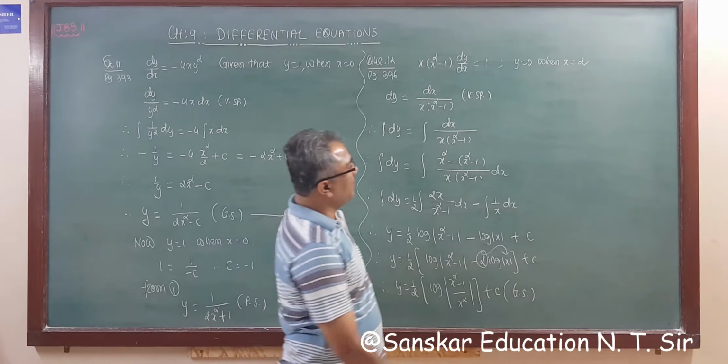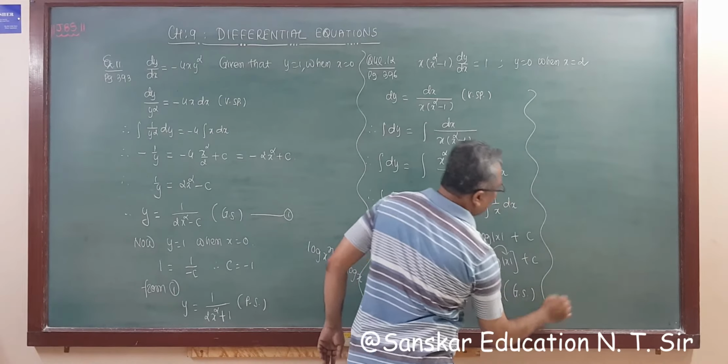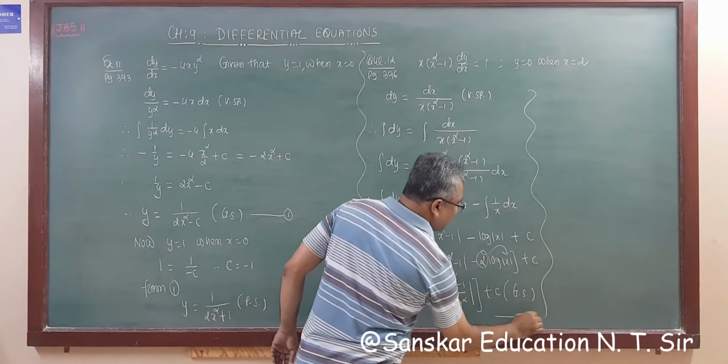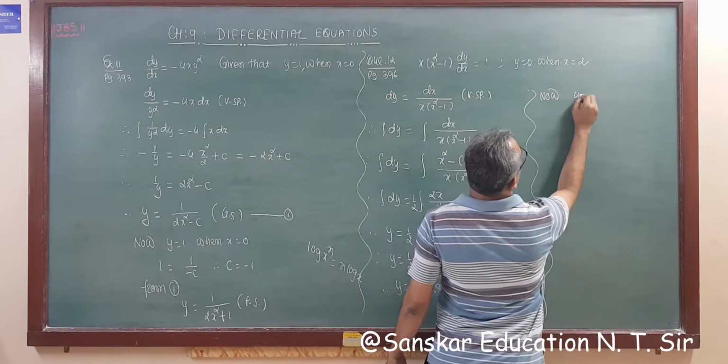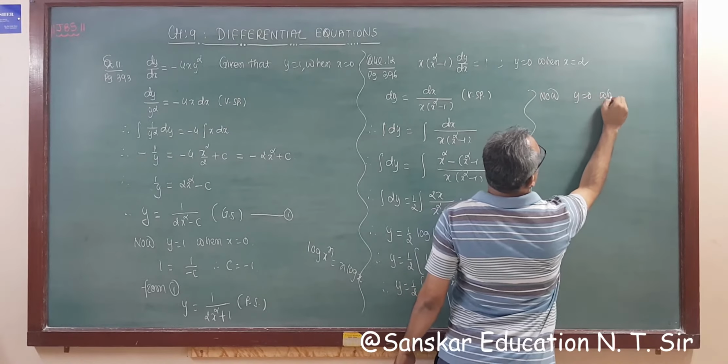Now for the particular solution, a condition is given. Say this is result number 1. So now y equal to 0 when x is equal to 2.